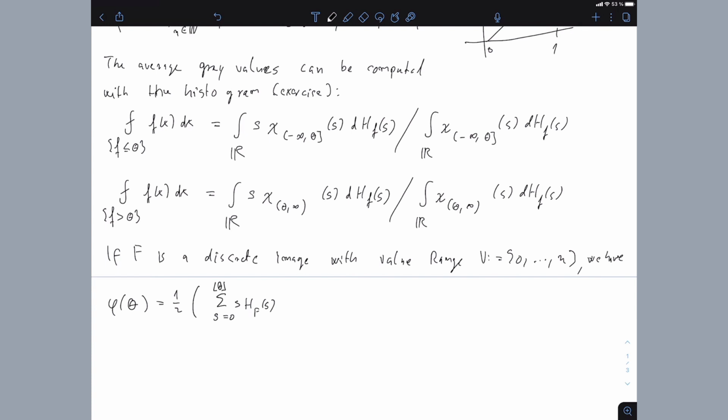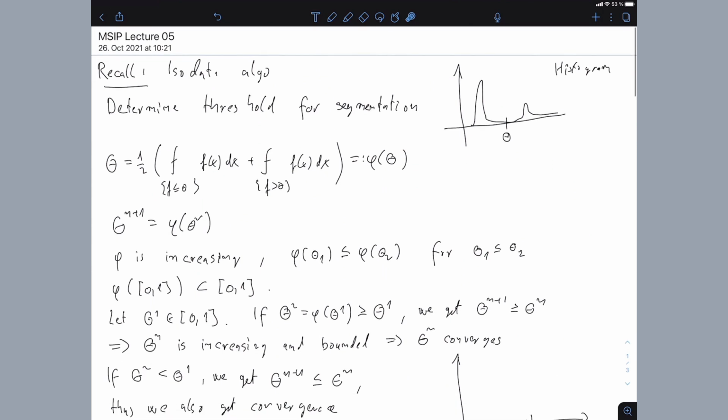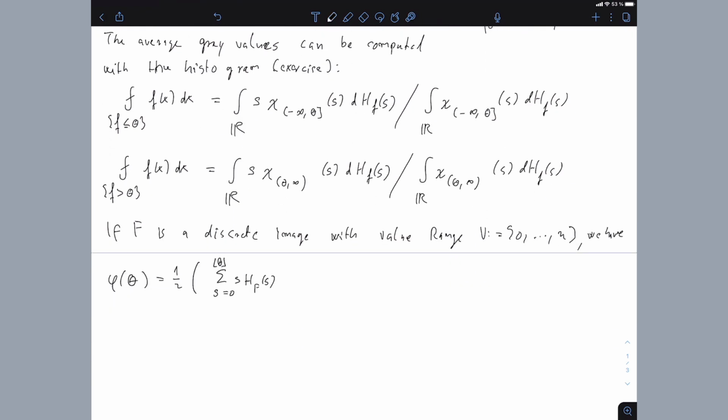And so this is the same as this integral. Yeah, we're taking this histogram here, and for every entry, we scale the number of times the value occurs by the value itself. Yeah, so this gives us the integration that we need. This is something you can easily compute from the histogram that you can pre-compute.